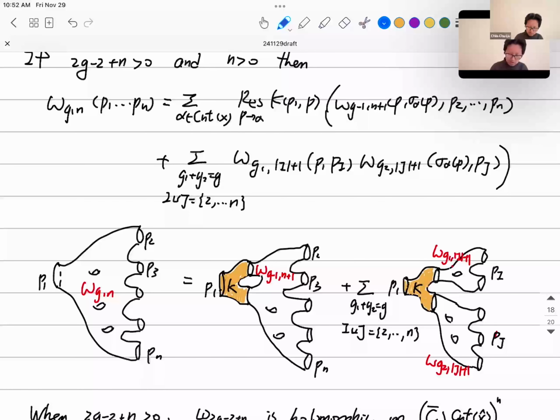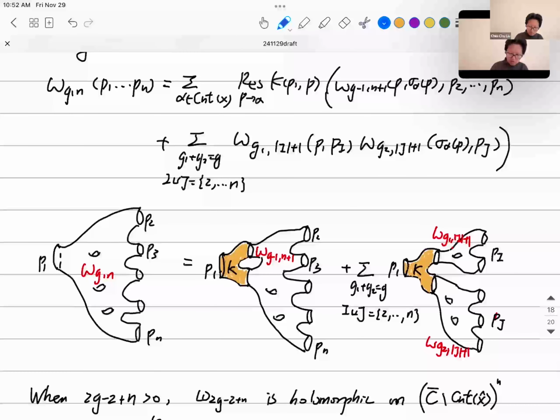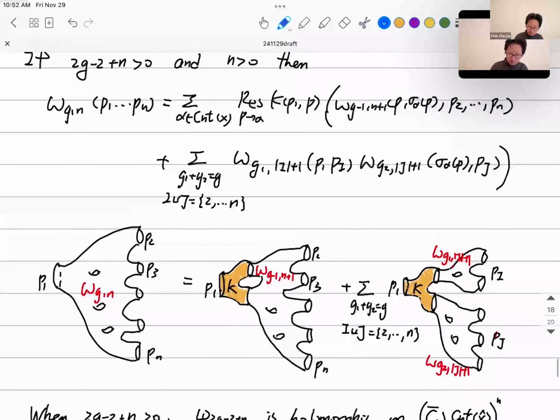To remember the recursion, you take omega g,n, look at this P1, and consider ways to remove pairs of pants with one boundary component P1. This is the way to remember topological recursion.